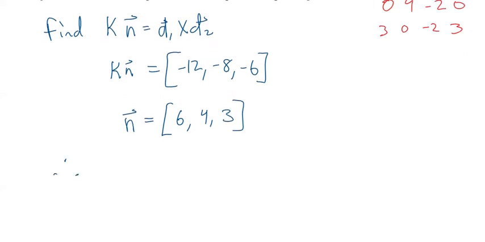But that's not very useful. So now what do we do? Sub one of the points, pick your favorite. What do we have? 2, 0, 0. Solve for d, restate the equation. So it looks, in this case, like d is negative 12.